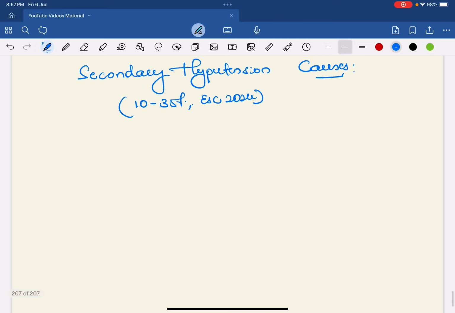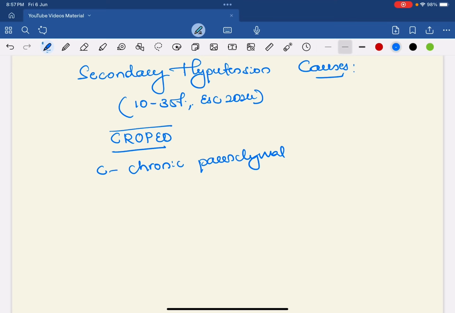You can remember them by the CROPED mnemonic, where C stands for chronic renal parenchymal diseases.